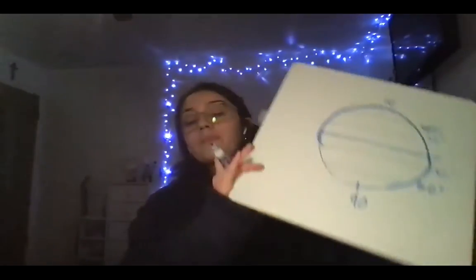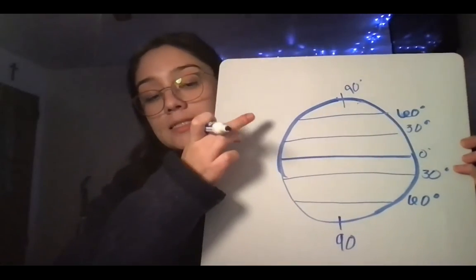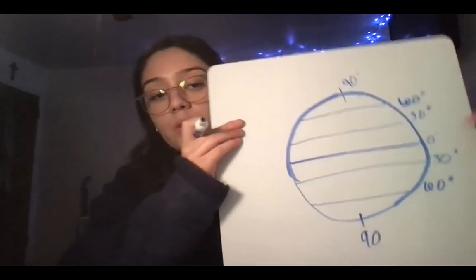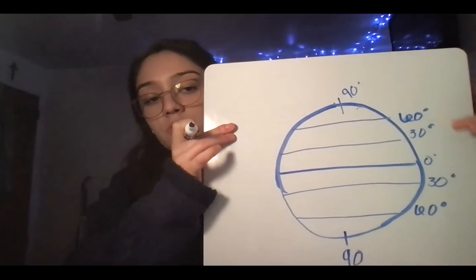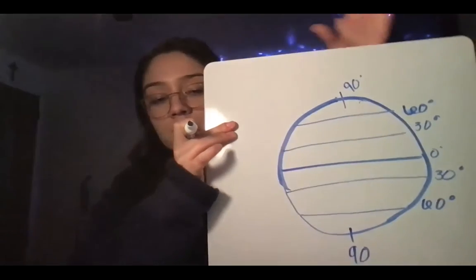Between that, we have the Tropic of Cancer and Tropic of Capricorn, and it's going to be at 30 degrees, 60 degrees. Since this is 60 degrees in the northern hemisphere, we call these 60 degrees north, 30 degrees north, and then 90 degrees north.